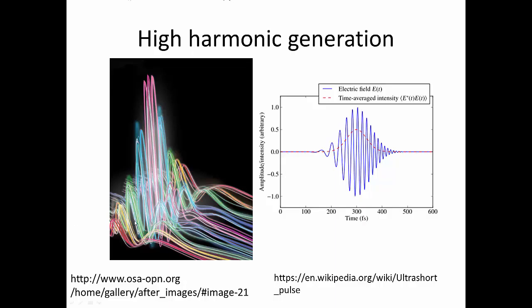And basically what that lets you do is make really, really short pulses of light. This process can let you make attosecond pulses, which is super cool. Now, the lasers that we use to do high harmonic generation are frequently about 25 femtoseconds long.